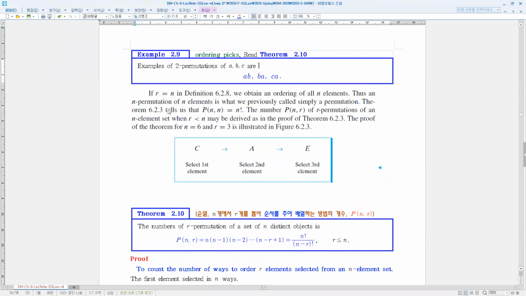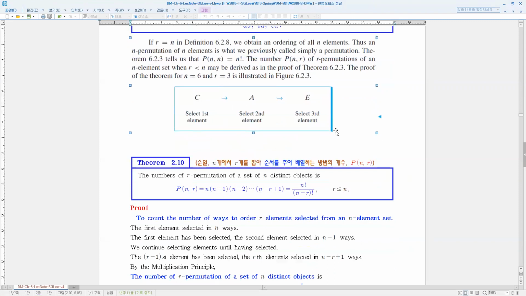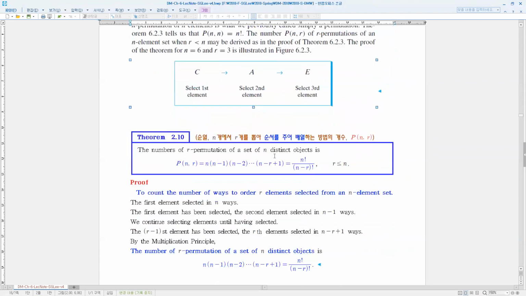P of n and n is n factorial, and the number P of n and R of R permutations of an n element set when R is less than n may be derived as in the proof of theorem 6.2.3. And next, theorems.